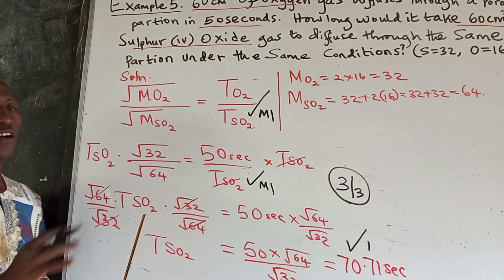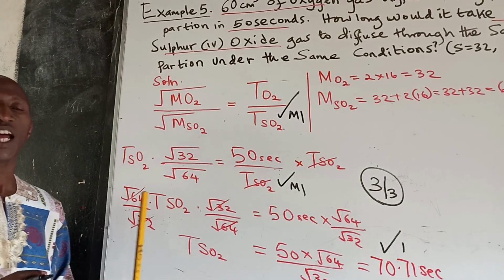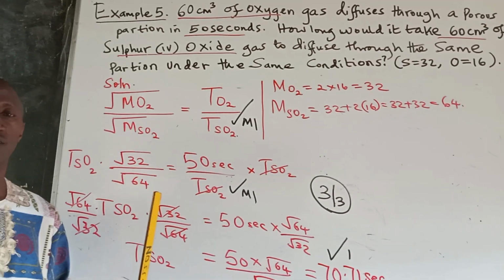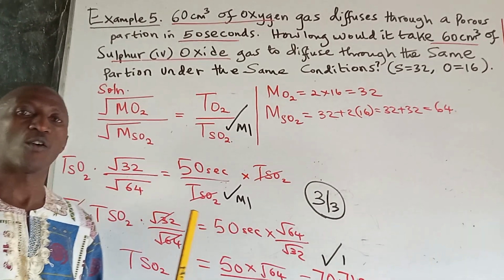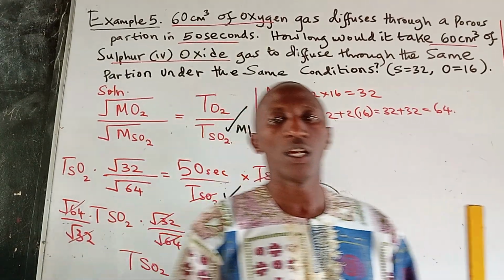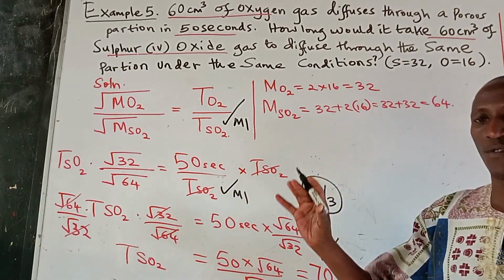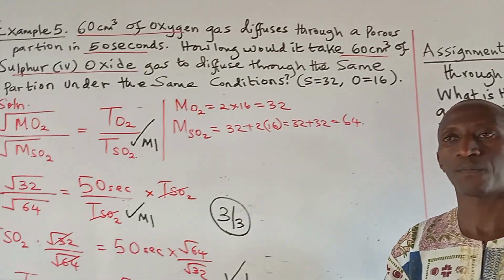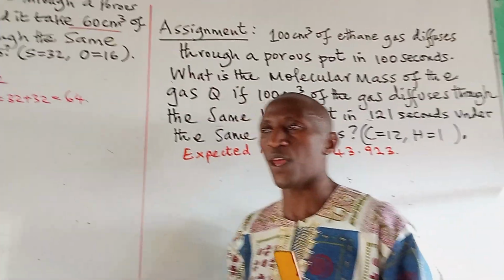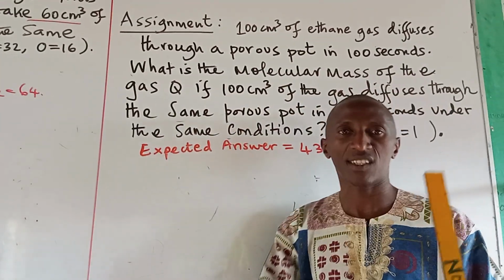Viewers, we have had a very good interaction in terms of how well we do the calculations in Graham's law when the volumes are the same and when they are different. Like in this case, the volumes are the same for the 2 different gases whose rates we are comparing. Here, I have an assignment for you.